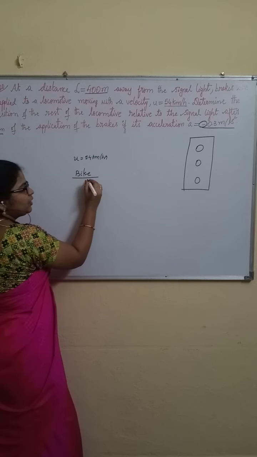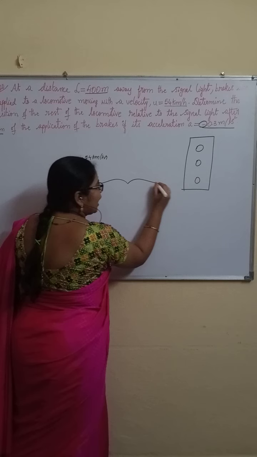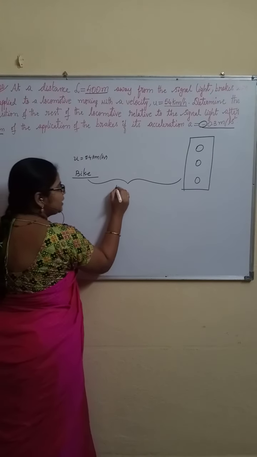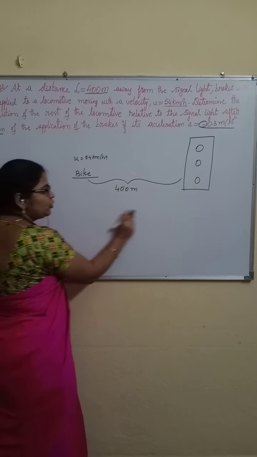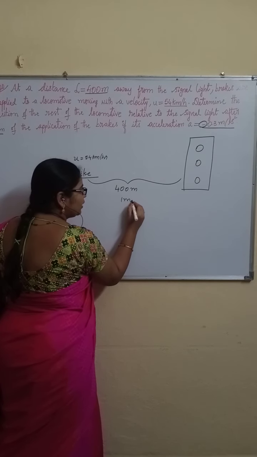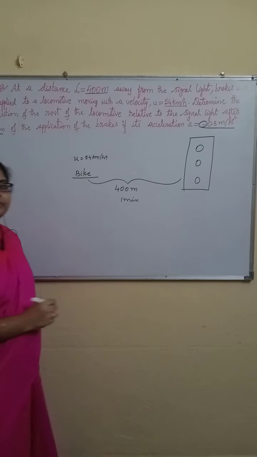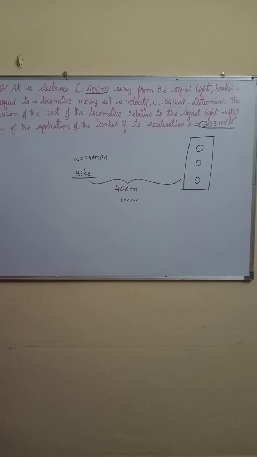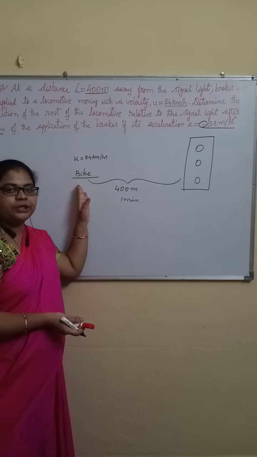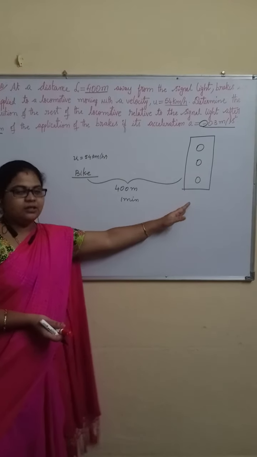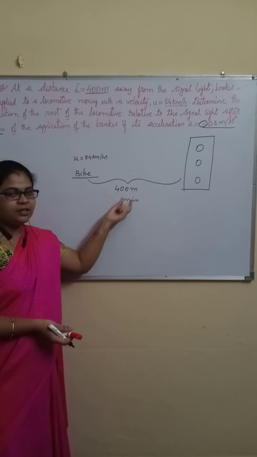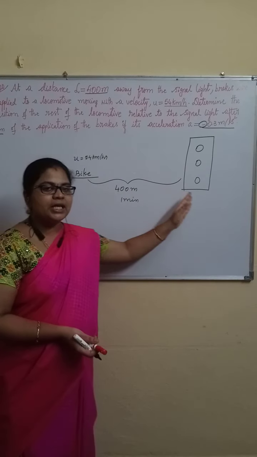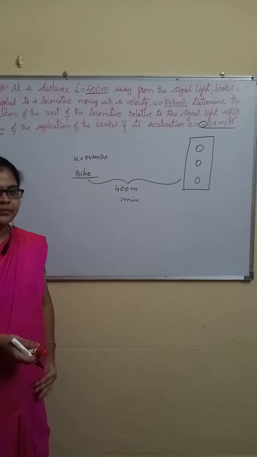The distance between locomotive and traffic signal is 400 meters. To reach from here to here, he requires 1 minute of time. That is his intention.